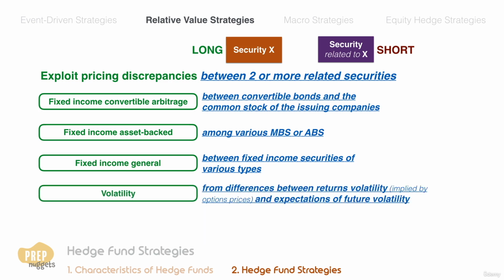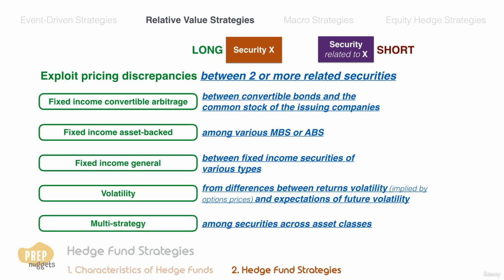Volatility, to exploit pricing discrepancies arising from differences between returns volatility implied by options prices and manager expectations of future volatility. And multi-strategy, which is to exploit pricing discrepancies among securities across asset classes and markets other than those already mentioned. This strategy is not of any particular style, but simply looks for exploitation opportunities wherever they might exist.